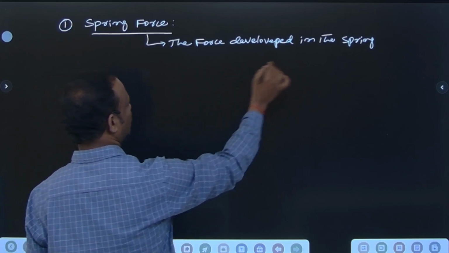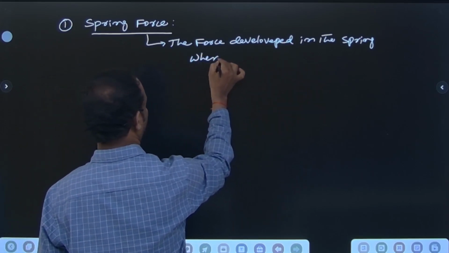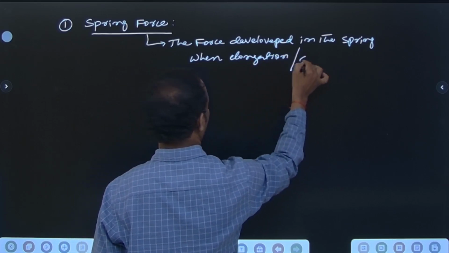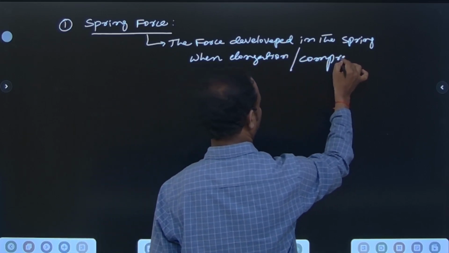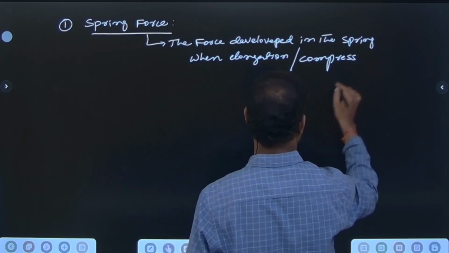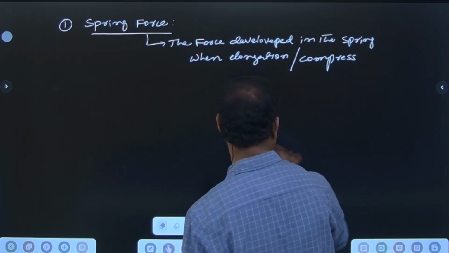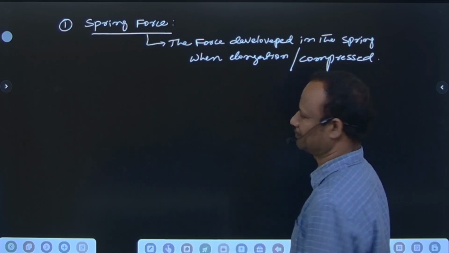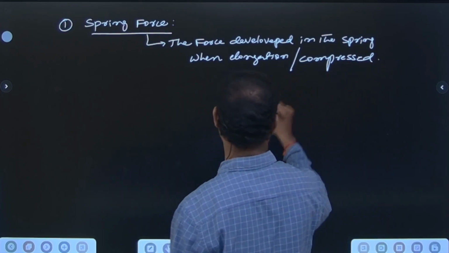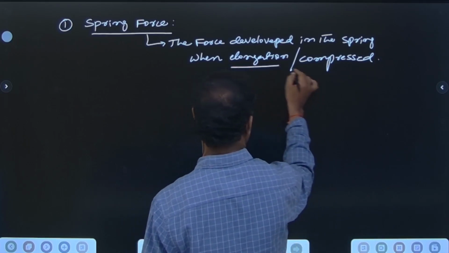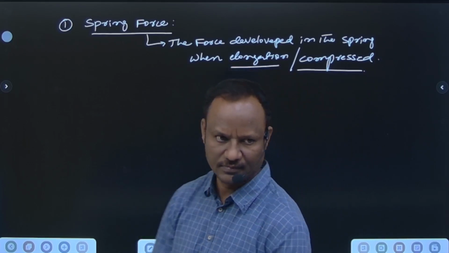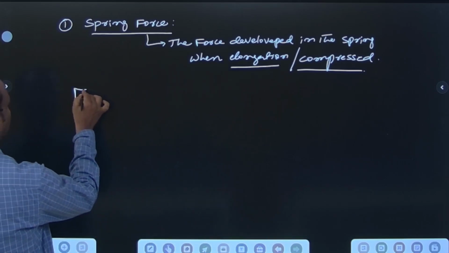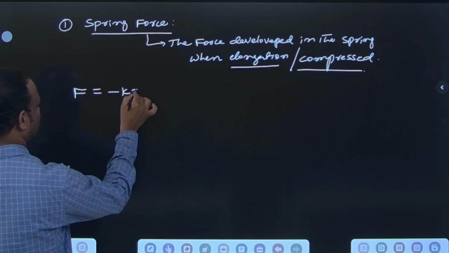So when elongation or compression is taking place, the spring force is F equal to minus kx.